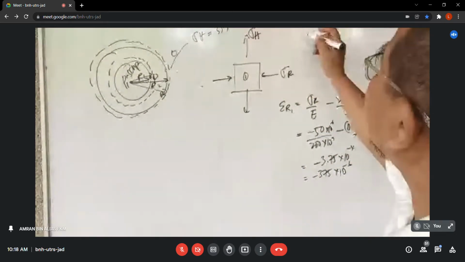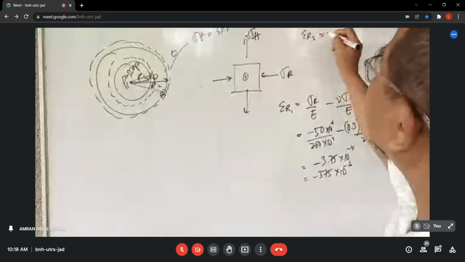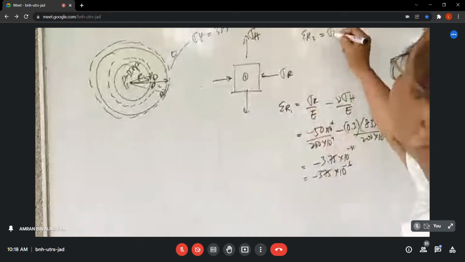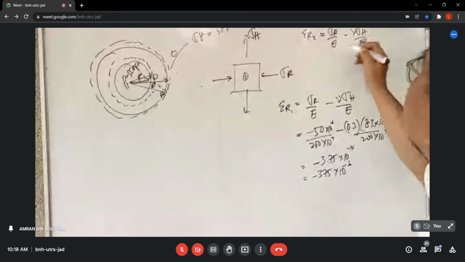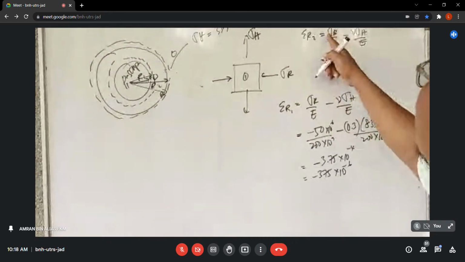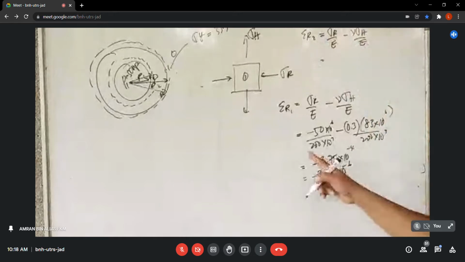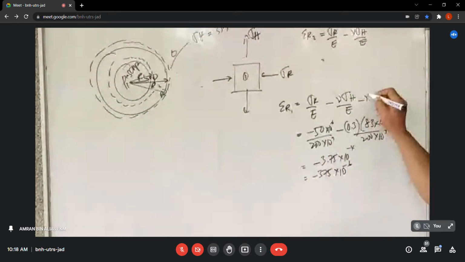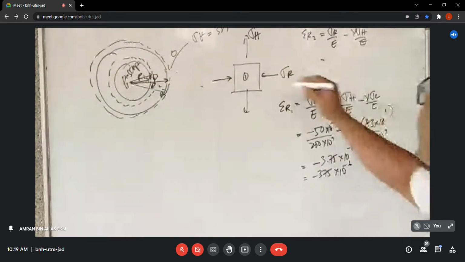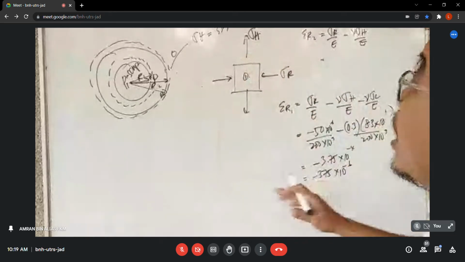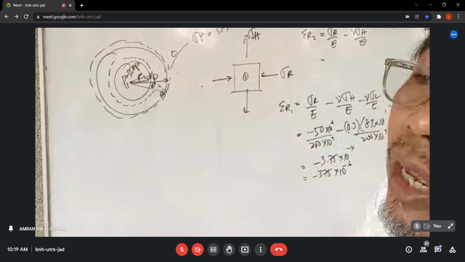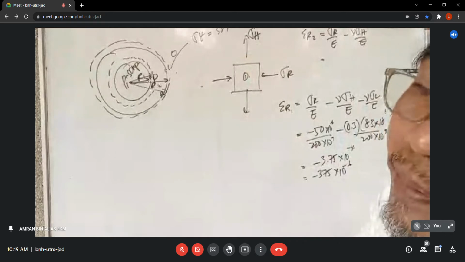So what is epsilon R2? Sigma R over E minus mu sigma H over E. For this case, we can put some more: minus mu sigma L over E, because sigma L, if it's open, is 0. If it's closed, it has a positive value, right?